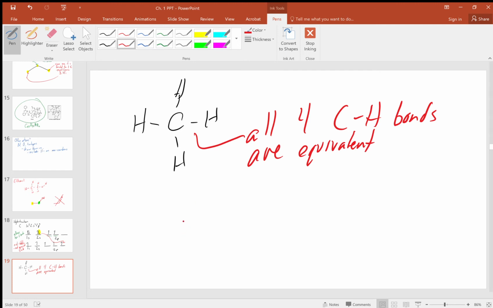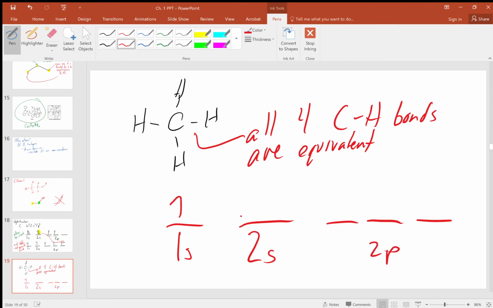Now, if we use that excited state configuration that we had on the previous page, which I'll redraw here, that would not account for 4 equivalent bonds.